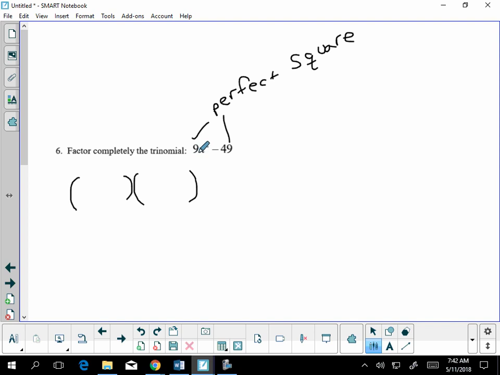You look at that first term, 9x squared, and ask yourself, what is the square root? Oh, it's 3x. And then you do a plus and a minus. And then you ask yourself, what's the square root of 49? 7. That's it. The reason this works out so well is if you were to check that, that's going to give you positive 21x.